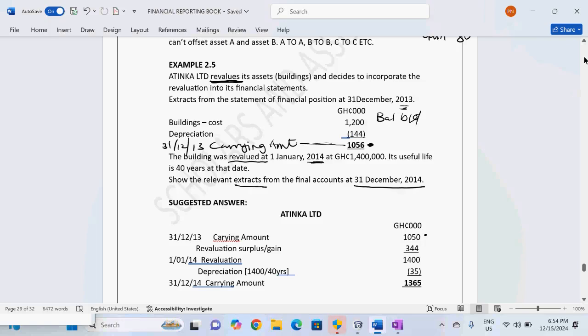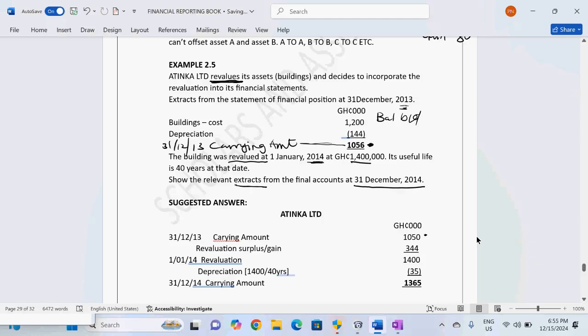Now, what was the amount before the revaluation? The carrying amount was 1,056, and we revalued it to 1,400. So do we have a revaluation gain or a revaluation loss? We have a revaluation gain. Why?